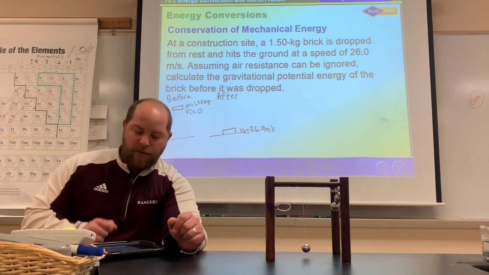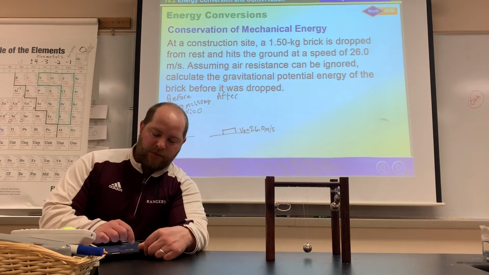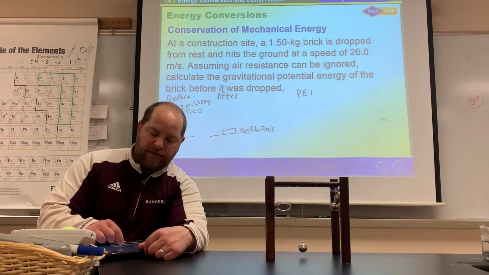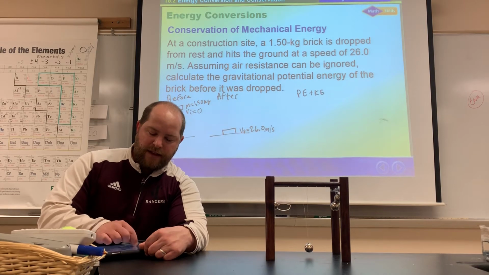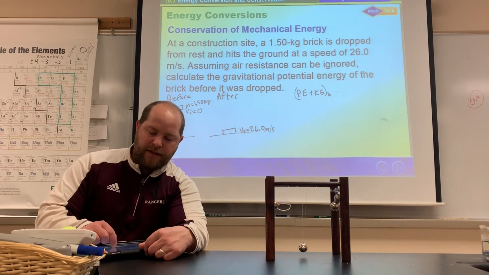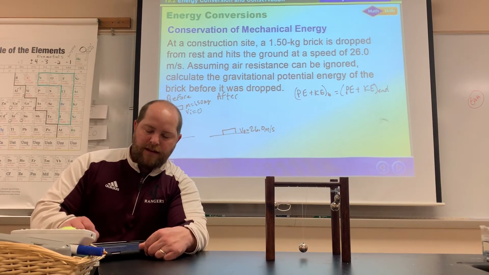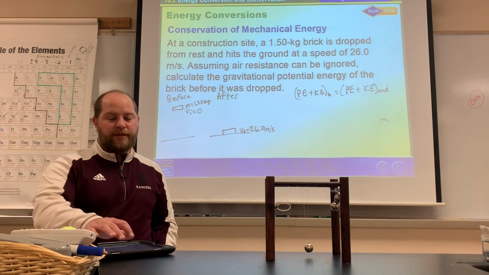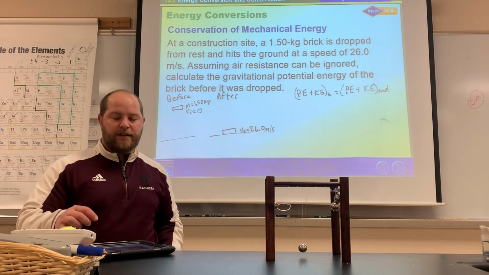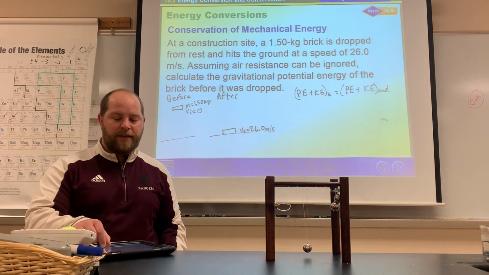Let's write down our formula. So we have the potential energy plus the kinetic energy at the beginning equals the potential energy and kinetic energy in the end. With these problems, you're looking for zeros because you have 4 terms in these ones.